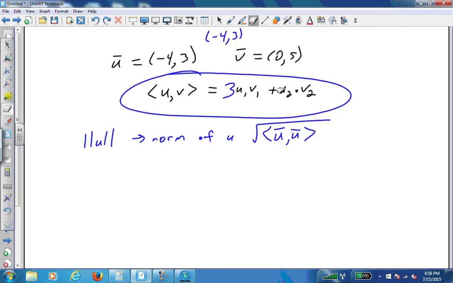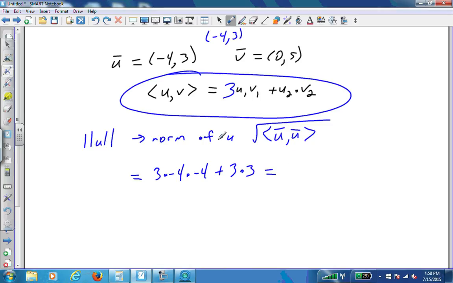So in the case that this is our inner product, we do 3 times u1 times u1 plus u2 times u2.